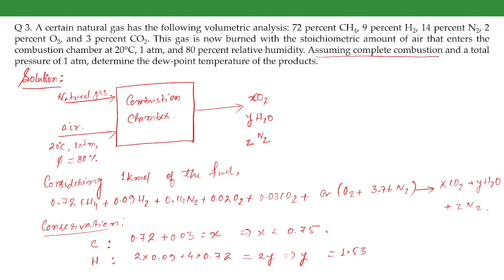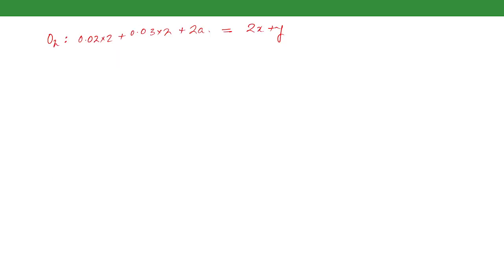Then for oxygen, it is 0.02 into 2 plus 0.03 into 2 plus twice A, which will be equal to twice X plus Y. So the value of A, looking at the values of X and Y, comes out to be 1.465.